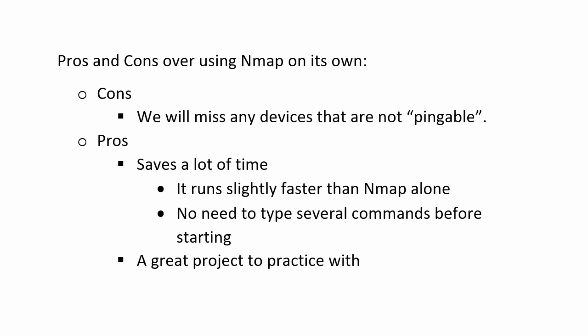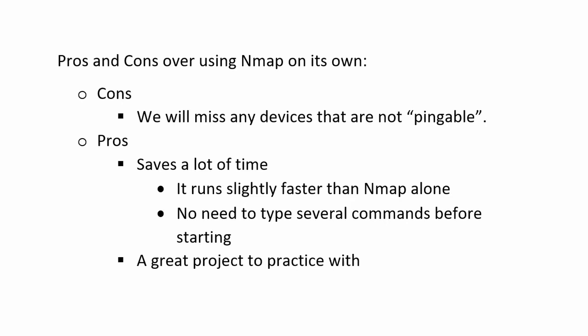And also there's no need to type several commands before actually starting, like finding the IP address of the network that you're connected to, and then copy and pasting that into an Nmap command. And also, really, it's just a great little project to practice with.